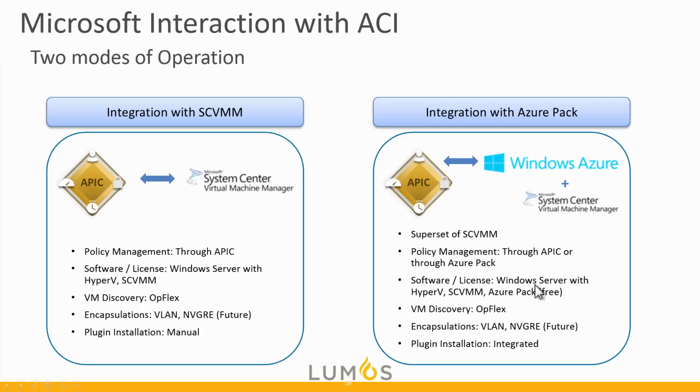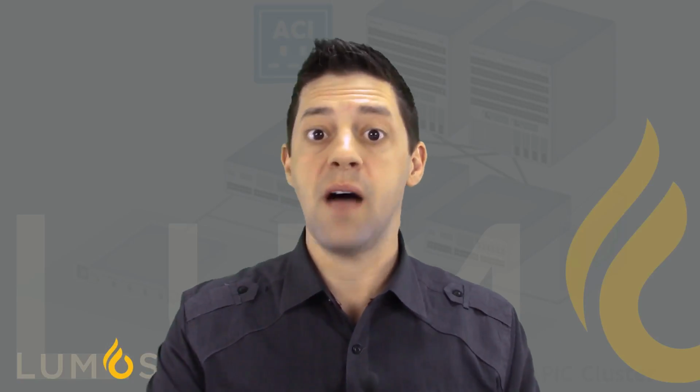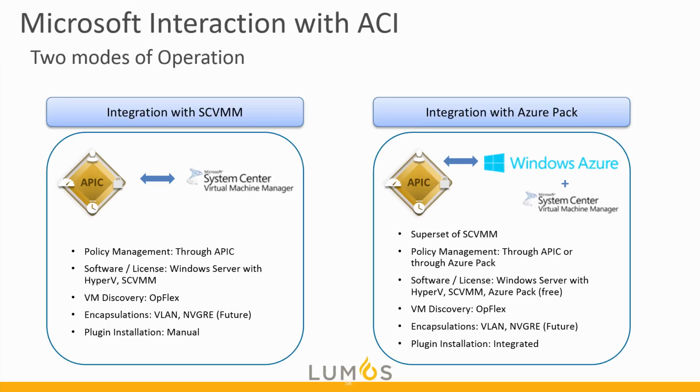You still need the Windows Server with Hyper-V and the SCVMM, but you can also integrate Azure Pack, which is really a free plugin, so you don't have to spend any additional money to get a lot more functionality. I highly recommend that anyone doing Hyper-V adds in Windows Azure Pack. The VM discovery is still OpFlex, and the encapsulations are the same, but the plugin is now integrated.